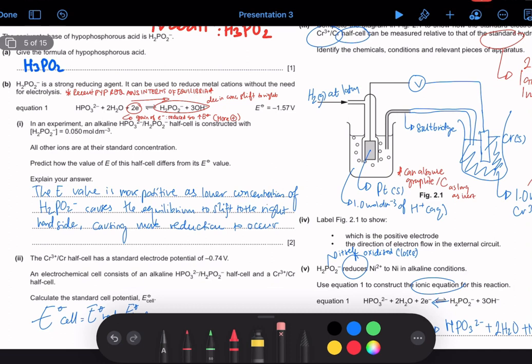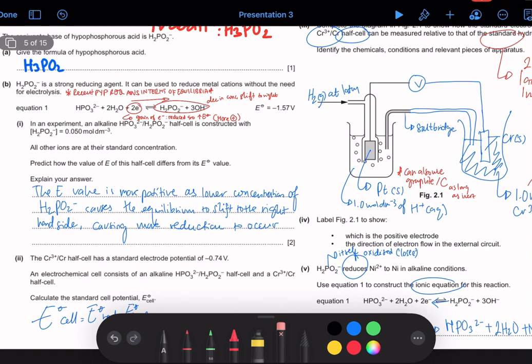In an experiment, an alkaline HPO32- and H2PO2- half cell is constructed with H2PO2- with the concentration of 0.05 moles. So you're changing it from the standard concentration of 1.